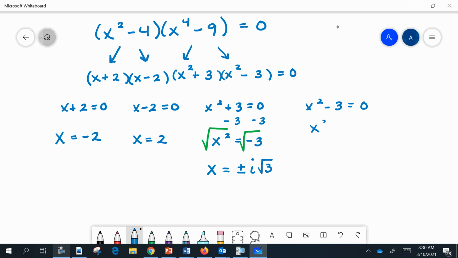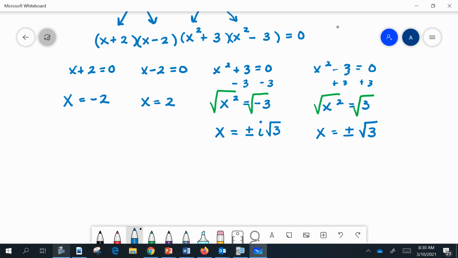Now over here, we're going to add 3 to both sides, and we get x squared equals 3. So I square root both sides again, and I put plus or minus, but I'm square rooting a positive 3, so it's going to make a real solution, plus or minus square root of 3.